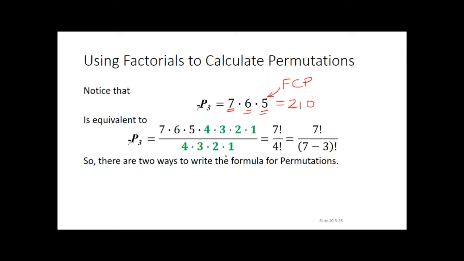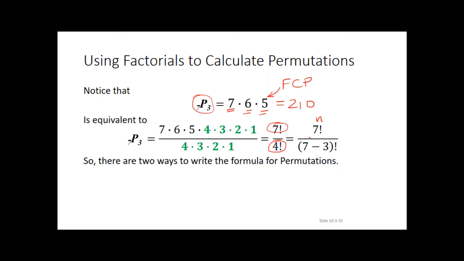But what I want to show you with this example is how we come up with a very special formula that works in general, where we don't have to use the fundamental counting principle to get our permutation calculation. What we observe is that 7 times 6 times 5 is the same as 7 factorial divided by 4 factorial. 7 is exactly the number of objects we're choosing from, and 4 is exactly how many were left if we took away the 3 that we're choosing. So we just write 7 factorial over 7 minus 3 factorial.